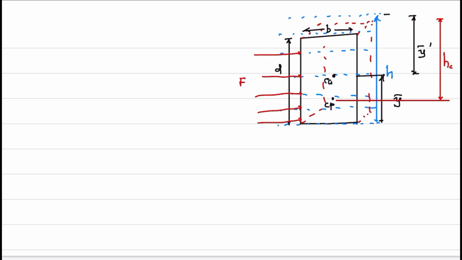We are aware of the center of gravity for a given cross-sectional area. We know the height of the water h. From that, h minus y bar is y dash bar. That we know.